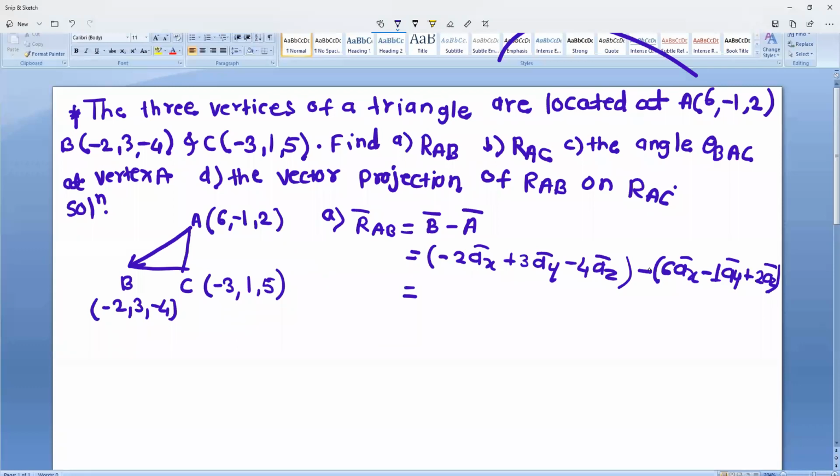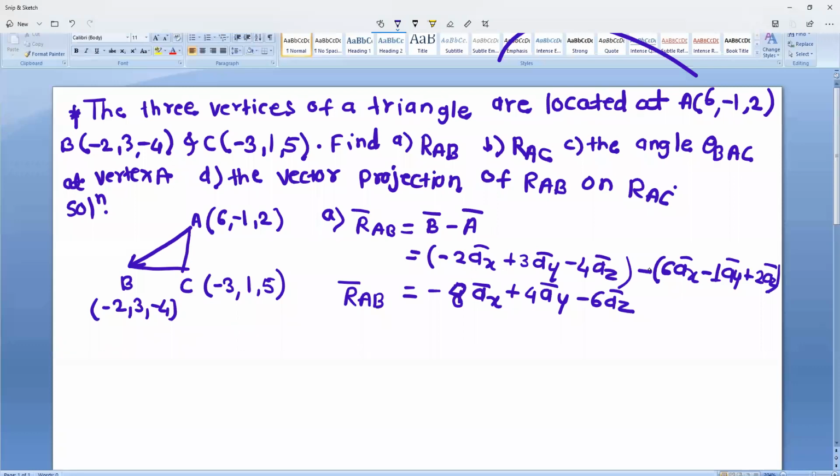So it is minus 2 minus 6, minus 8 a bar x. Then plus 3 minus minus plus 1, so it is plus 4 a bar y. And minus 4 minus 2, that is minus 6 a bar z. So this is vector r bar AB.